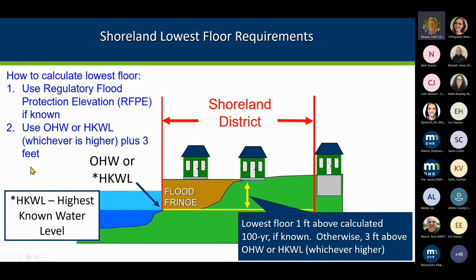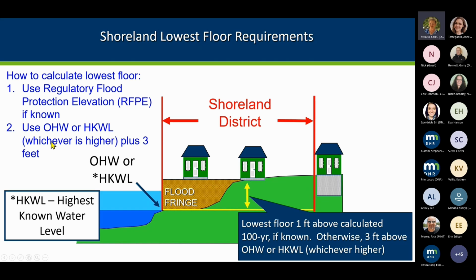So in our shoreland management regulations, starting back over 50 years ago now, we've had the requirement of meeting low floor requirements in the shoreland district in addition to the floodplain district. And the shoreland rule says if you knew the flood elevation, you use your regulatory flood protection elevation.